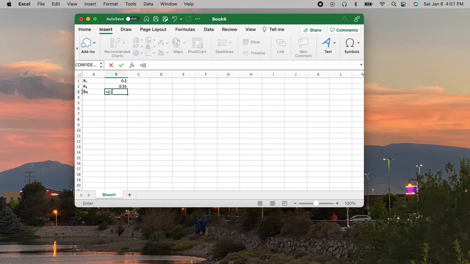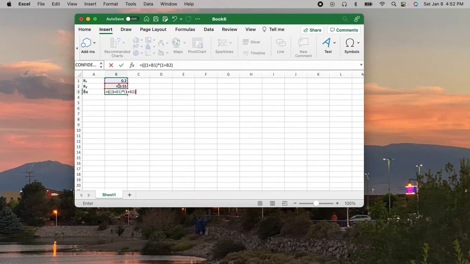You can do this in steps if it's easier so you don't get confused, but I'm going to do everything in one shot and have Excel do the calculation for me. So 1 plus R1, which is this one here. I close the parentheses, then we multiply that by, open parentheses, 1 plus R2, which is this one here, and close that parentheses.